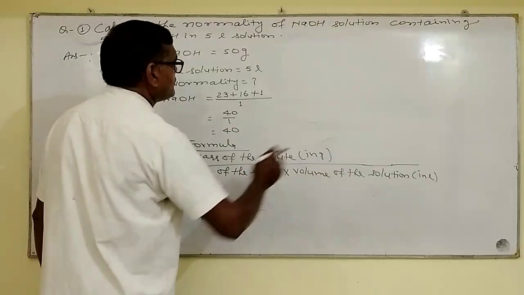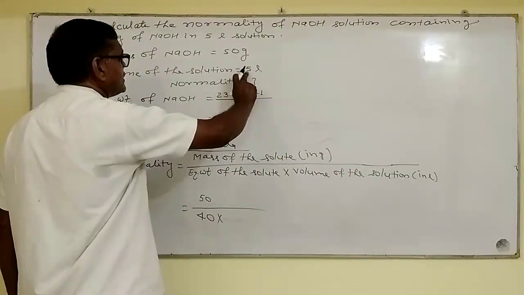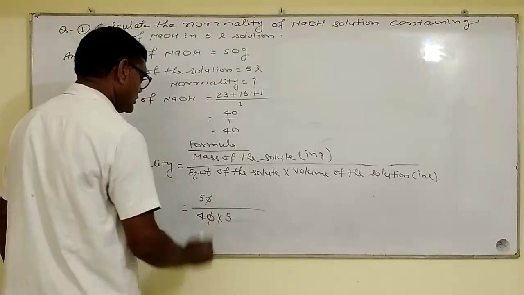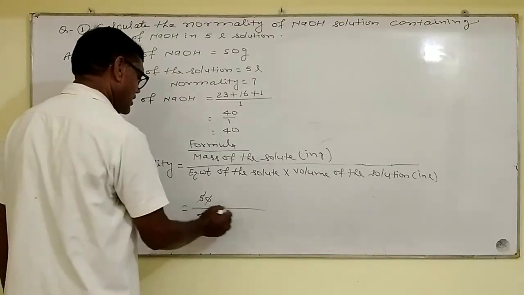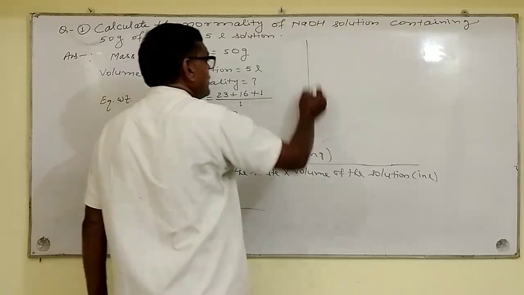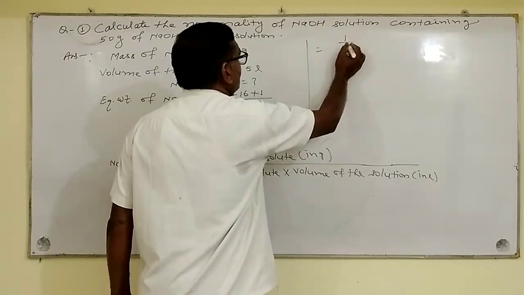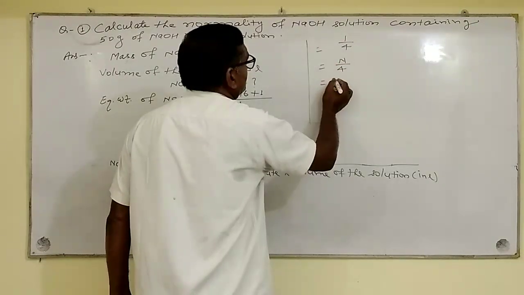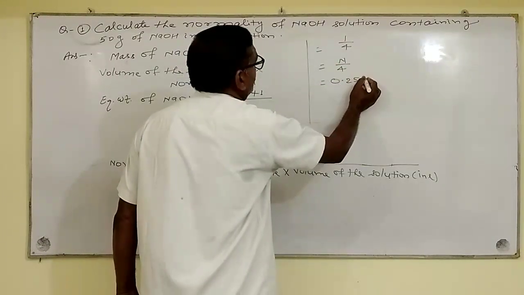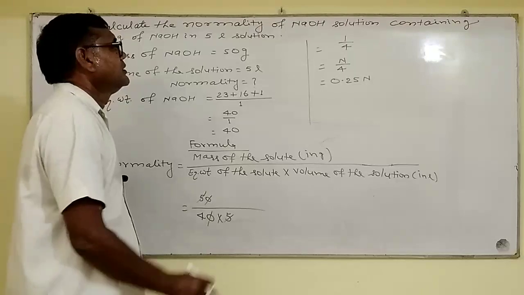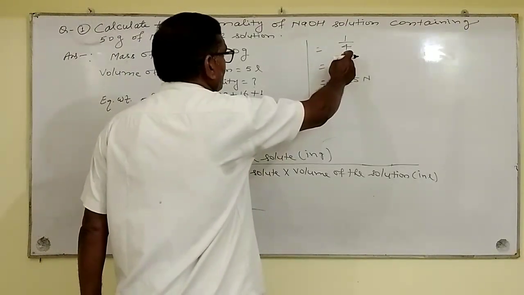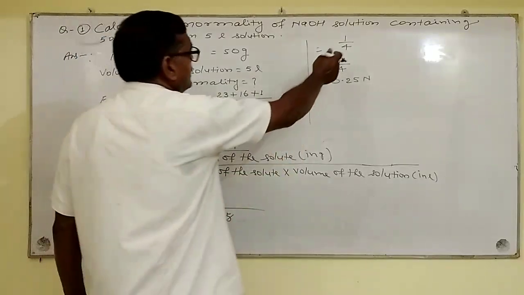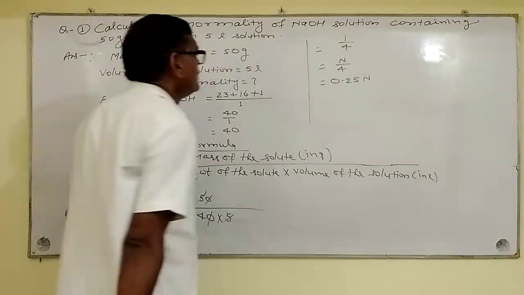Volume of the solution in the question is 5 liter, we write 5. 0 0 cut out, 5 5 cut out. Here we write 1 upon 4. It is called N upon 4, which is equal to 0.25 N. The symbol of normality is capital N. Therefore we write here capital N.